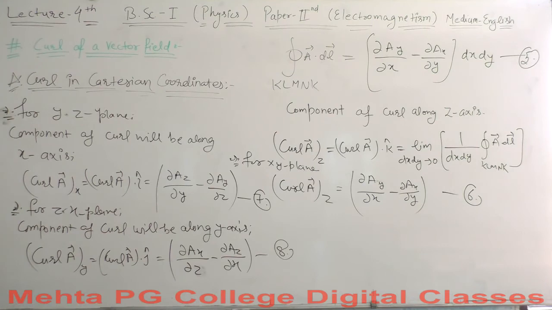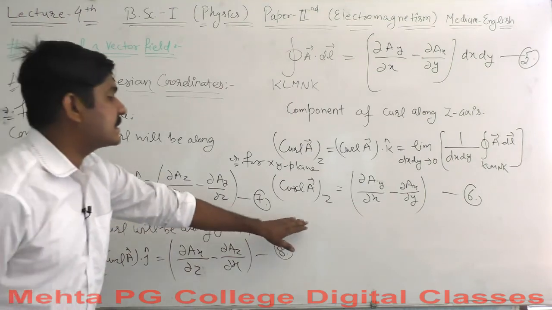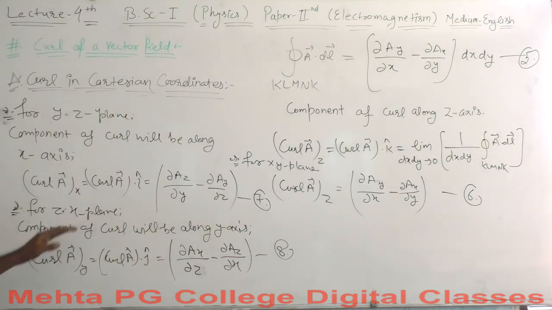So equation 6, equation 7 and equation 8 represent the curl components. Equation 6 is along the z axis, equation 7 represents the component along the x axis, and equation 8 represents curl along the y axis. So the total curl for the vector can be obtained by summing up all these quantities.